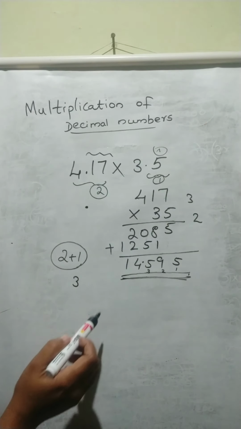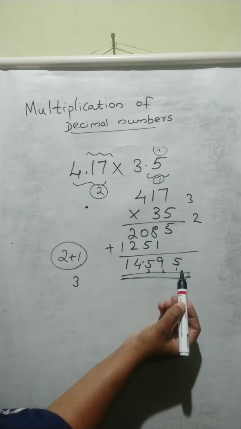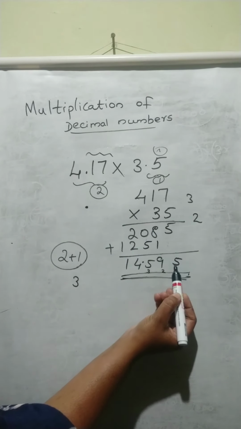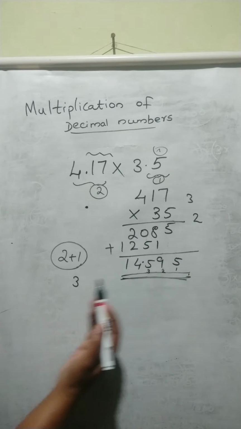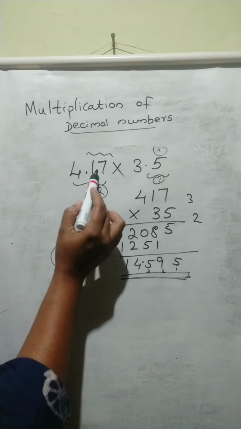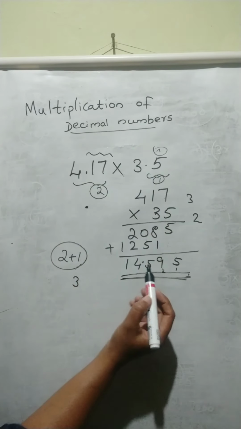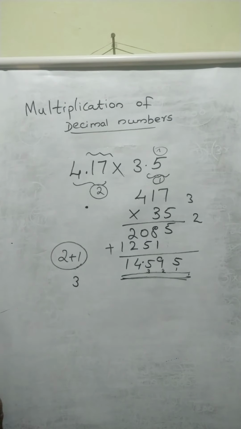Then in the product, count the digits from the ones place onwards: 1, 2, 3, like that, 4, 5 and so on. But in our product we need only 3. Here 1, 2, 3. So after this 3 we have to keep the point here. Clear?